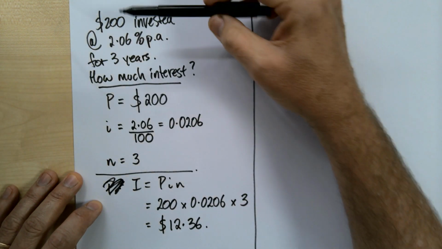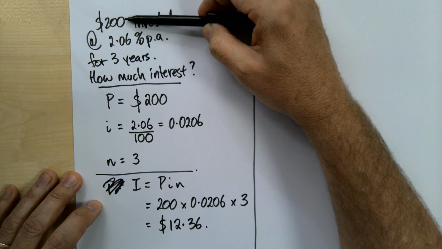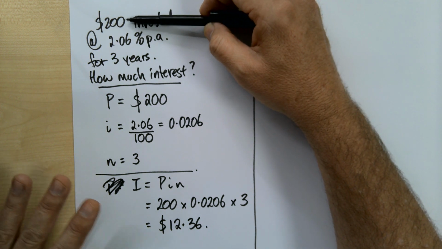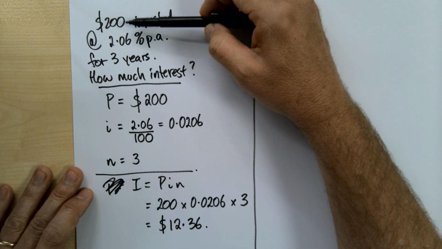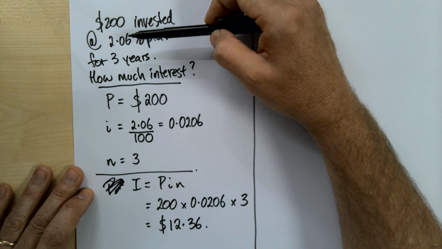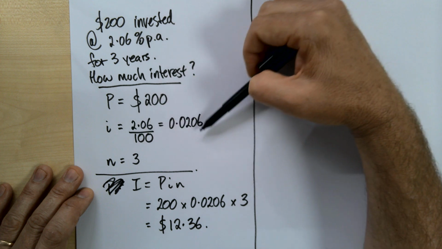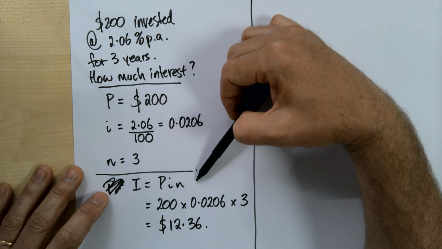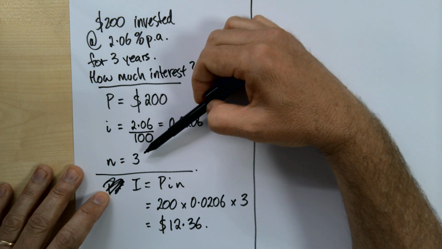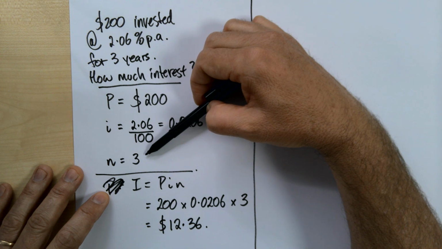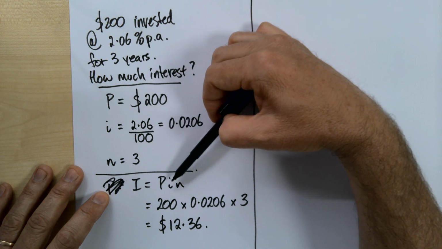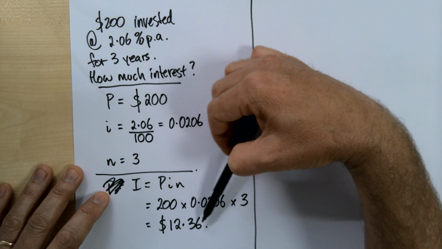So just to recap, P is how much you're investing or borrowing, the starting amount of money. i is the interest rate divided by 100. You have to do that first before you use the formula. n is 3 for 3 years. Plug it all in, P times i times n gives you that.